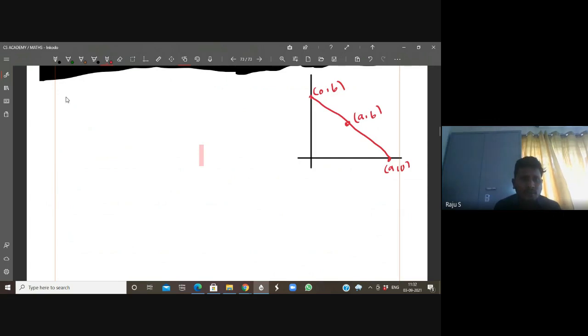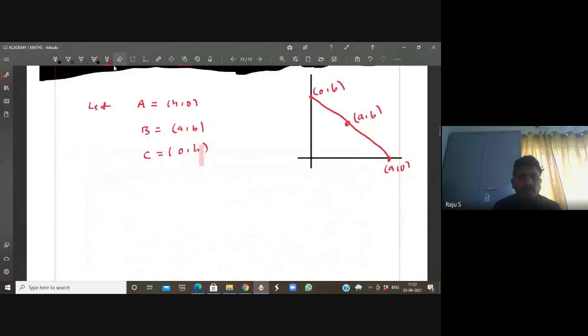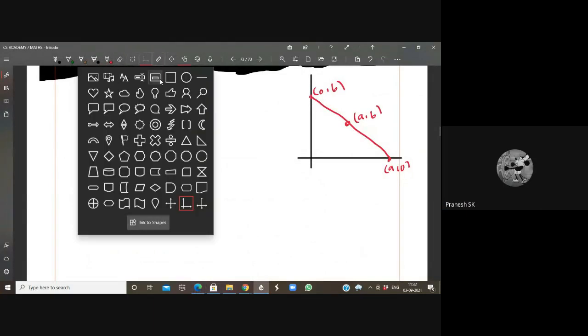As you said, the slopes, so what are the given points? Given 3 points, you can take as A, B, C. One is h comma 0, another one is a comma b, and 0 comma k. So these 3 points lie on the same line.